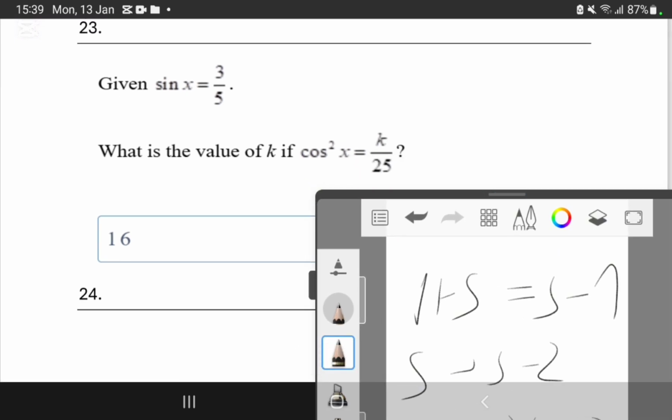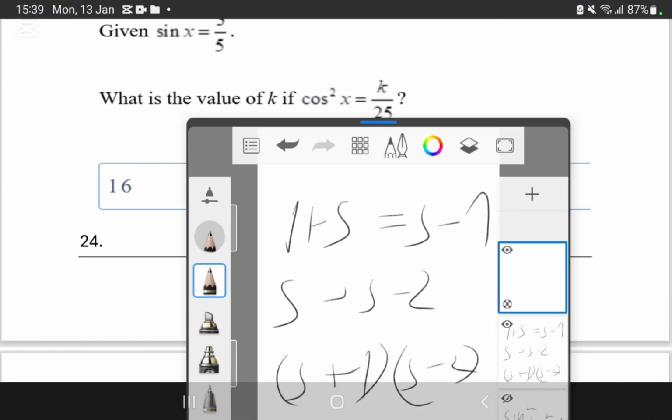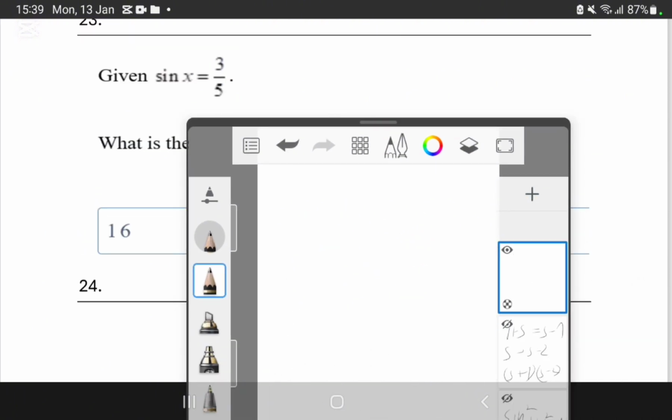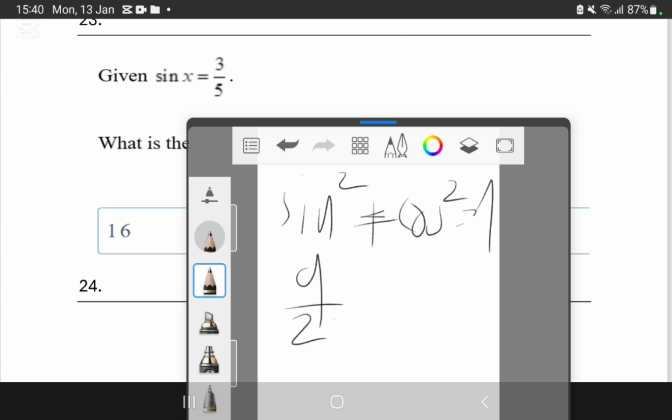Given sine x is equal to 3 over 5, what is the value of k in this fraction? So, as we've said many times before, sine squared plus cosine squared is equal to 1. So 9 over 25, because we square 3 over 5, plus x is equal to 1.